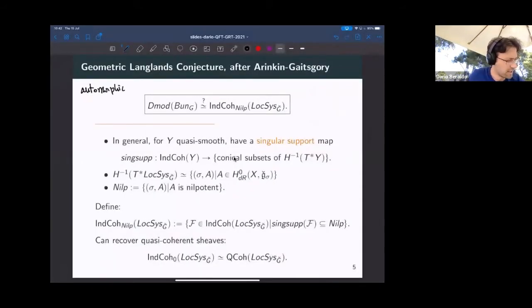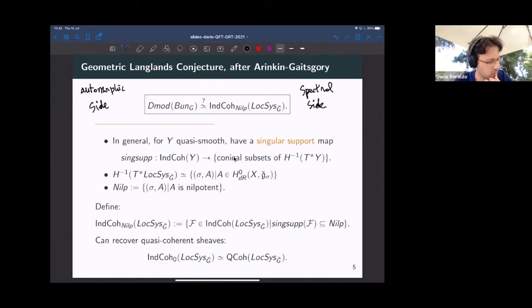So this left side is called the automorphic side, and the right-hand side is called the spectral side. And I should probably explain the spectral side because it didn't appear, for example, in Jörg's lectures, while the automorphic side appeared. Yes, this is one of the main innovations put forward by Arinkin and Gaitsgory. So it's a general feature.